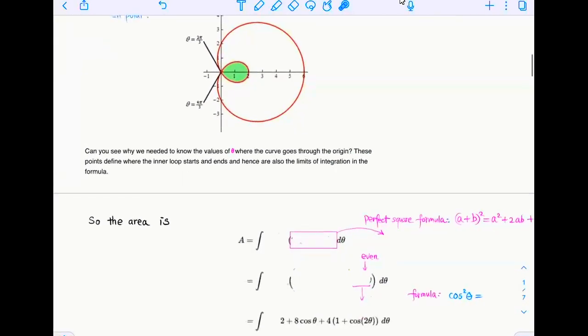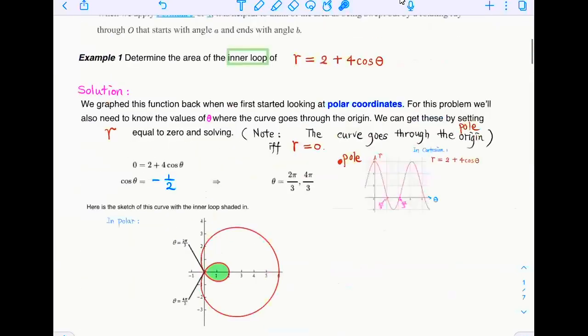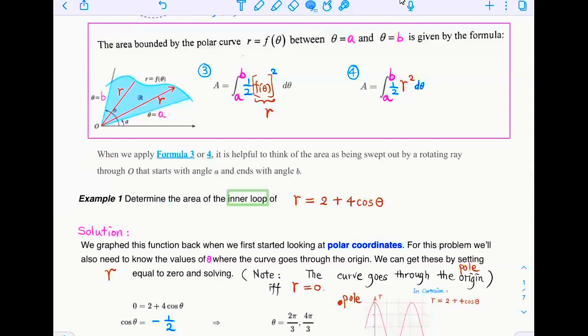We need these two theta values. Once you know these two theta values, we can find the area, right? So what was the formula for area? The formula for area is this one, right?